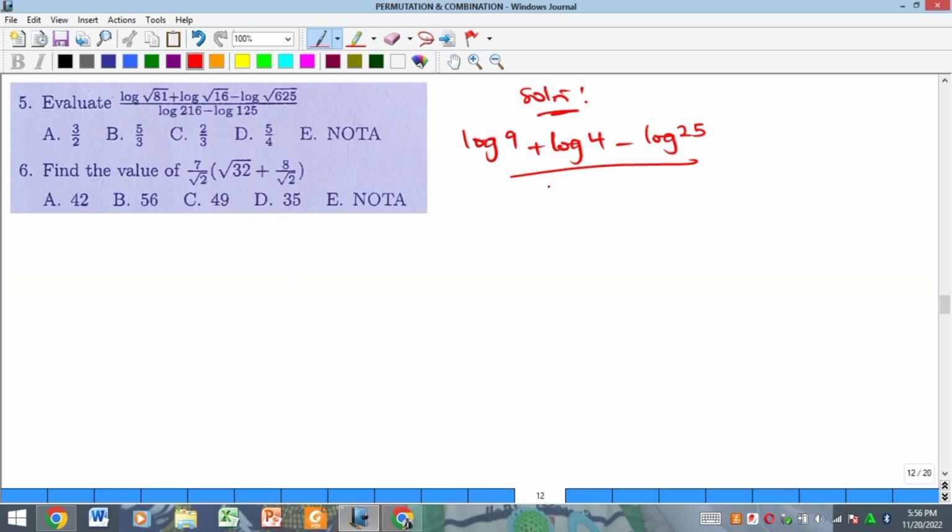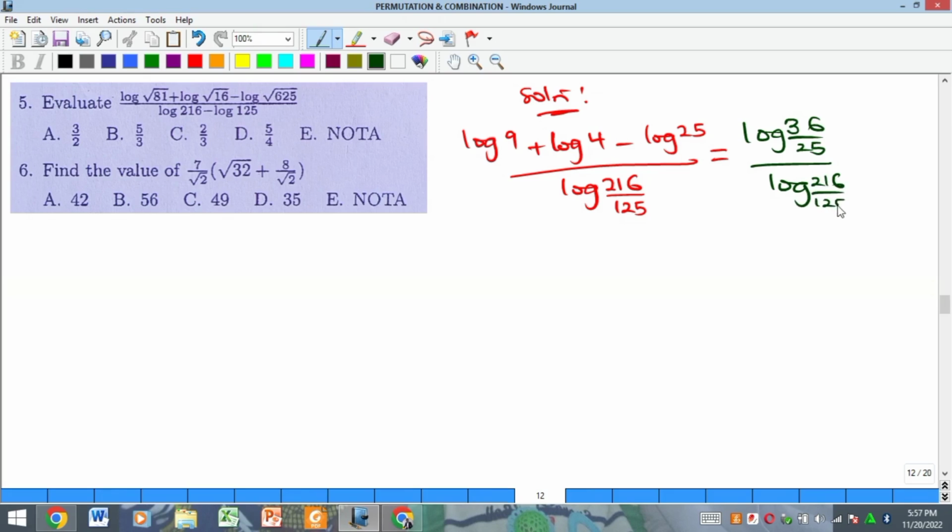And this is divided by, remember that here we have 216 become 216 all over 125, because subtraction in logarithm changes to division. We will do the same thing up here: 9 times 4, because addition changes to multiplication. So we'll have 36 all over 25 here, and everything is all over this 216 over 125.